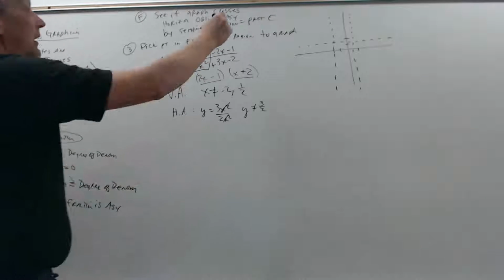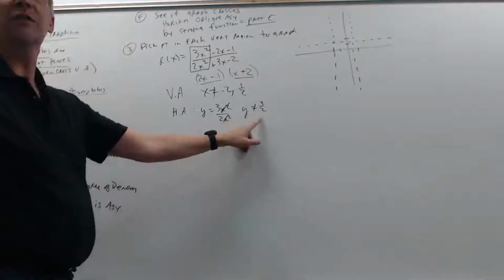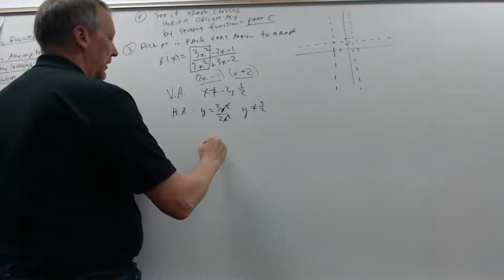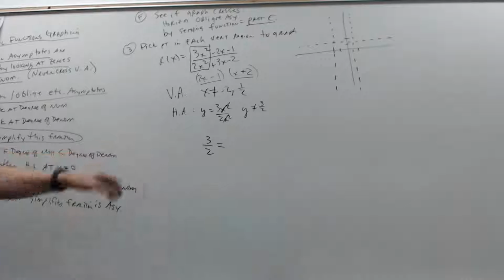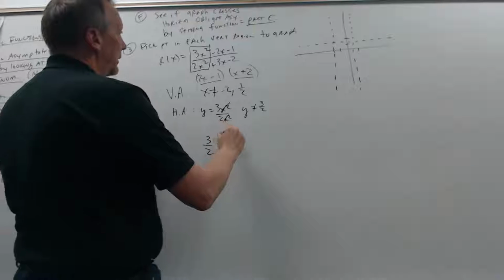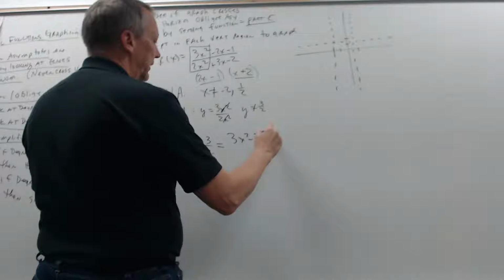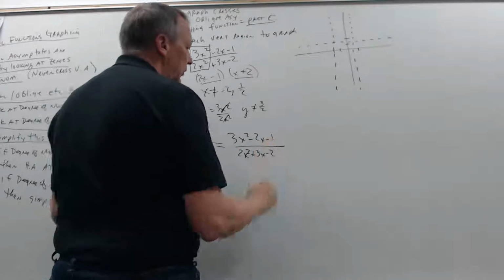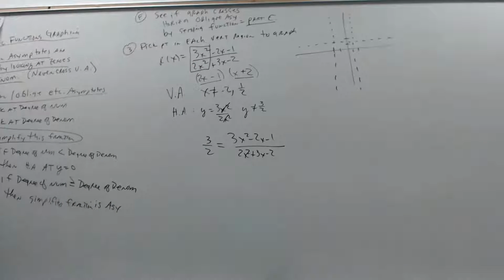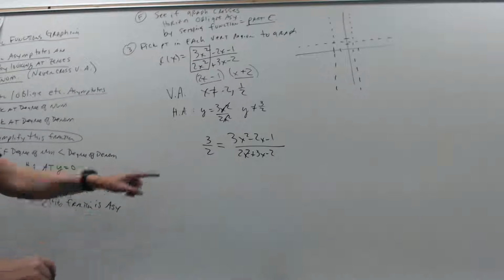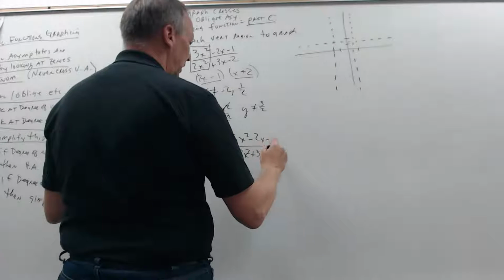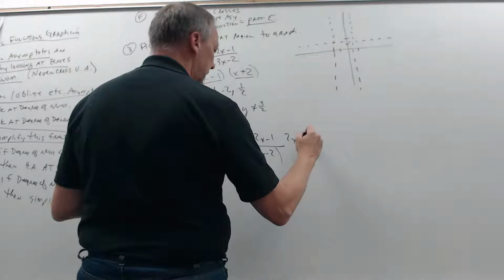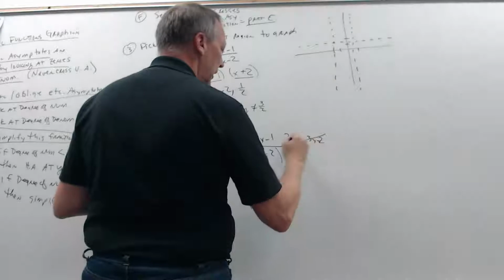Set the 3/2 that we just found equal to the whole original function here: 3x squared minus 2x minus 1 over 2x squared plus 3x minus 2. How do I solve that? Let's cross multiply, okay? So multiply this by 2x squared plus 3x minus 2. That's going to go away.